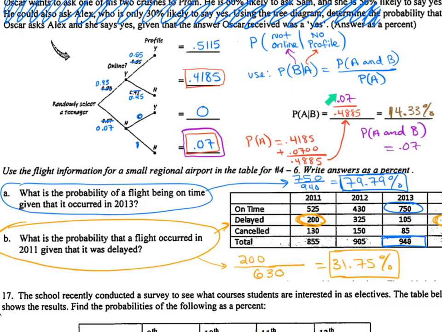That's going to be our top value. So that's the probability of not online and no profile, which is 0.07. Then we just divide this in our calculator, and we get 0.1433, which converts to 14.33%.